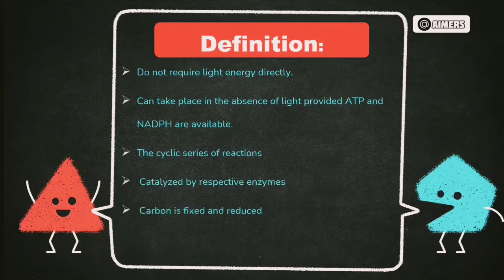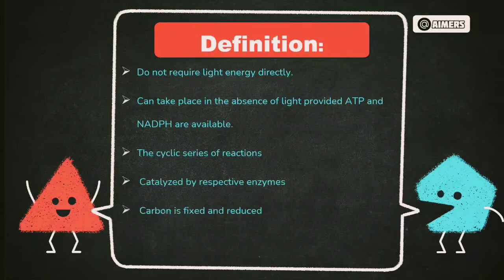Next point is that in dark reactions, carbon is fixed and reduced. I told you in the very first lecture, in the general concept of light and dark reactions, that with the help of light energy, water breaks. The hydrogen from the water is transferred to NADPH, and as we call NADPH the reducing power, the hydrogen from NADPH is transferred to carbon dioxide.